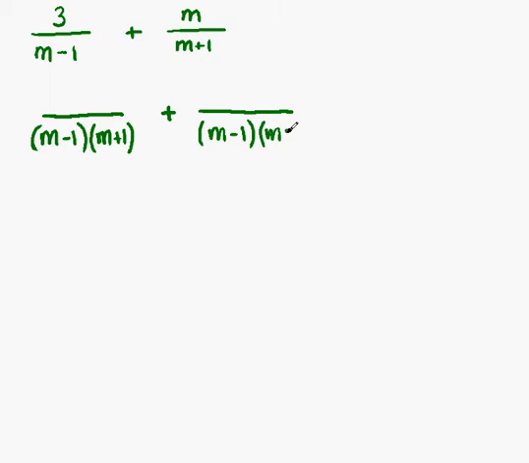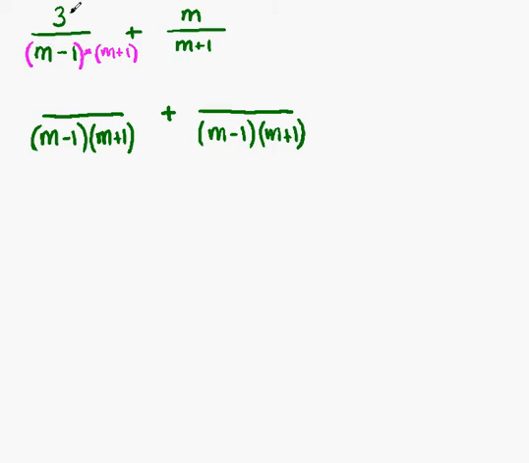So how did we actually achieve this? Well, what we did was we multiplied this denominator by the opposite denominator. So we've multiplied by m plus 1. Put this in brackets.